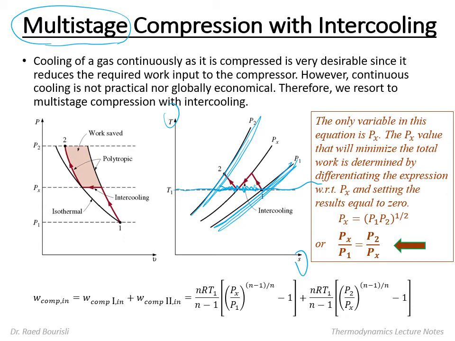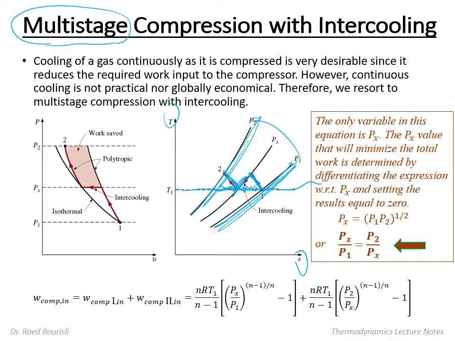In reality, I cannot do this, so I'll do a polytropic process. I'll compress it to an intermediate pressure, and then cool it, and then compress it again to my final pressure, because I need to go from P1 to P2.